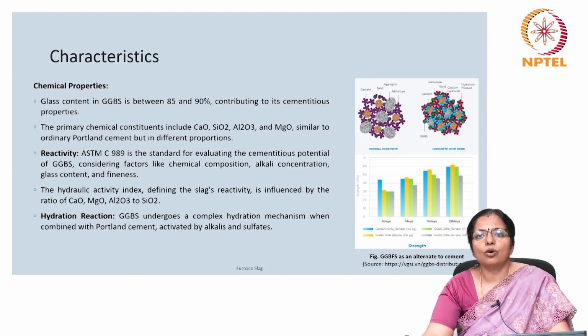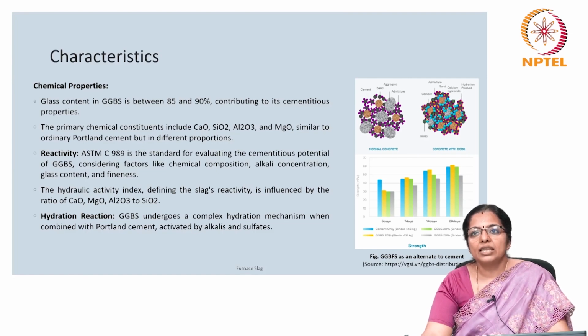The assessment of the slag's reactivity adheres to ASTM C989 standards, considering factors such as chemical composition, alkali concentration, glass content and fineness. The hydraulic activity index, which is determined by the ratio of the oxides of calcium, magnesium, aluminum and silicon, provides insights into the slag's reactivity.